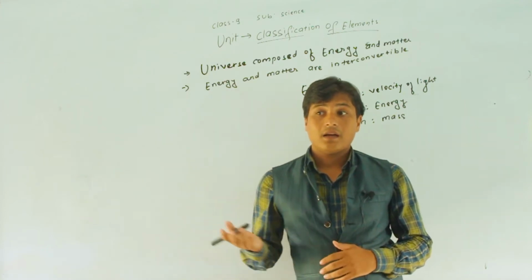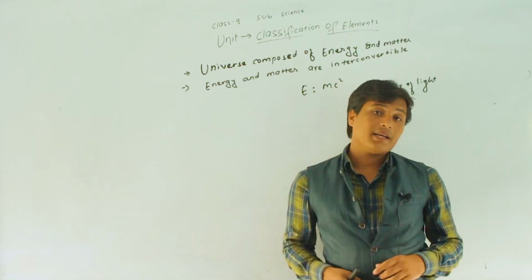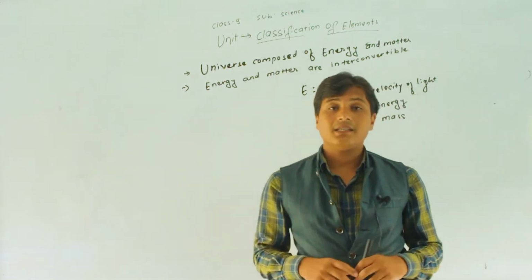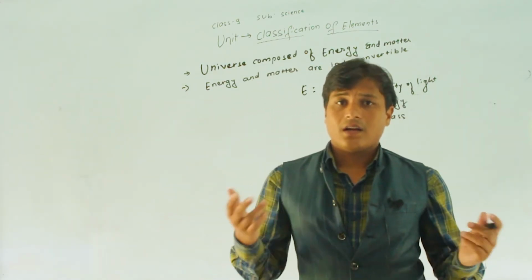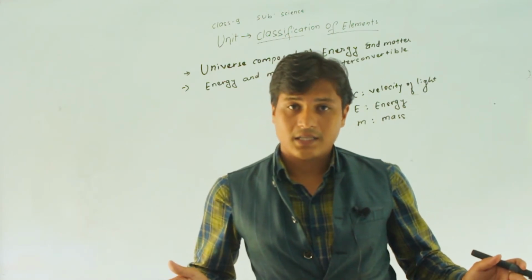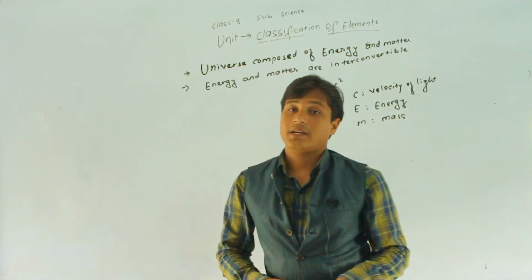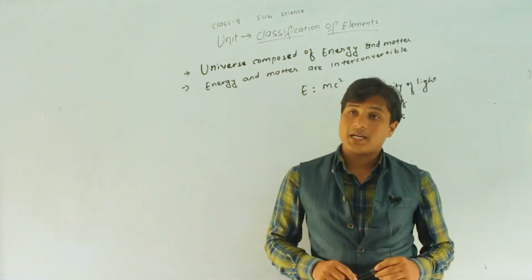Volume means it occupies space. Mass per unit volume is called density, and weight is the effect of gravity on that mass.